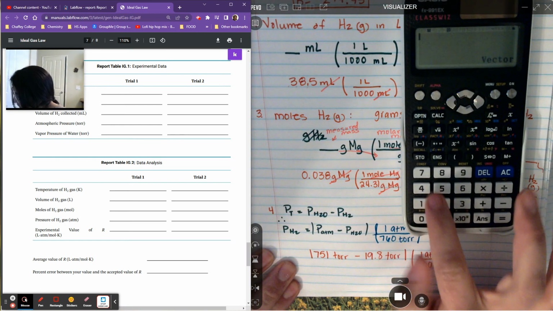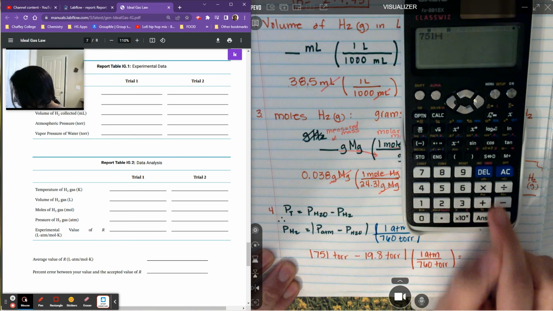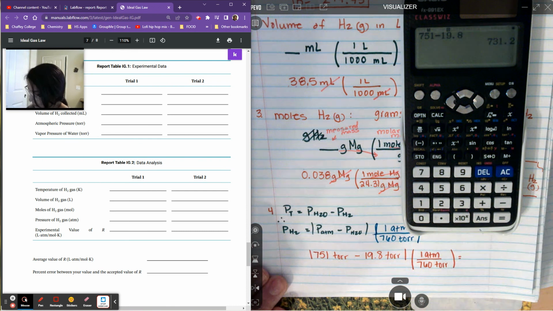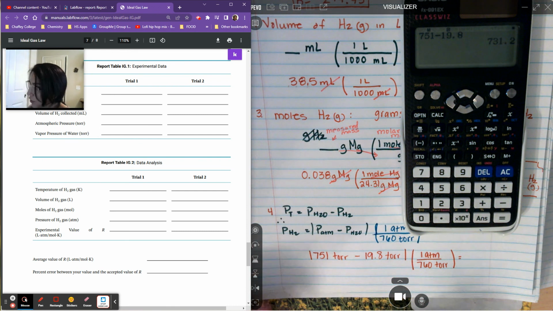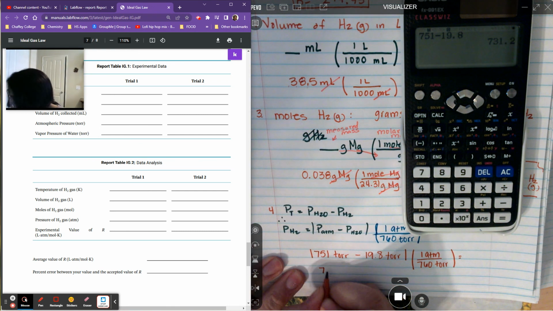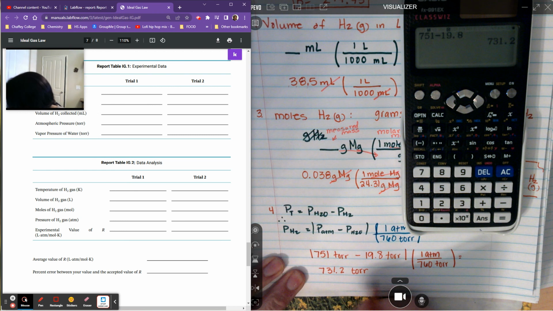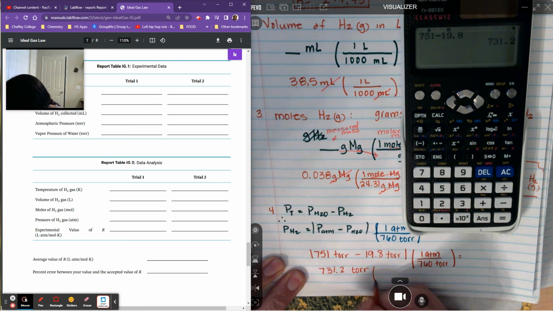So here we are, 751 minus 19.8 gives me 731.2 Torr. Now, like I said, the next step is just 1 atmosphere over 760 Torr.